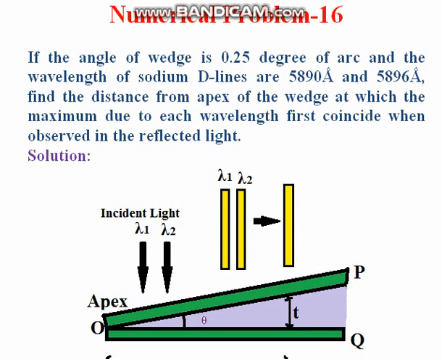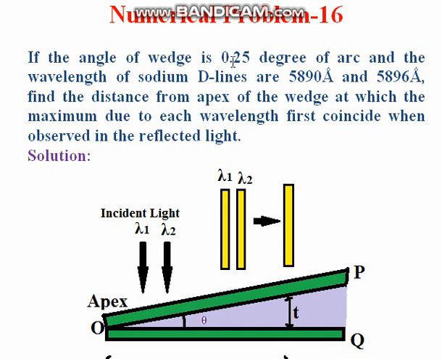Let's see the problem, and this is a very important question. If the angle of wedge is 0.05 degree, so theta is given. There is an upper layer and a lower layer, and theta is the angle of inclination, O is the point of apex.